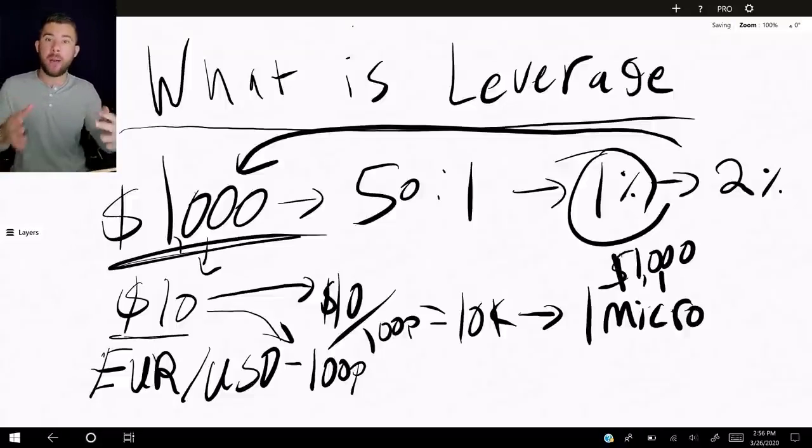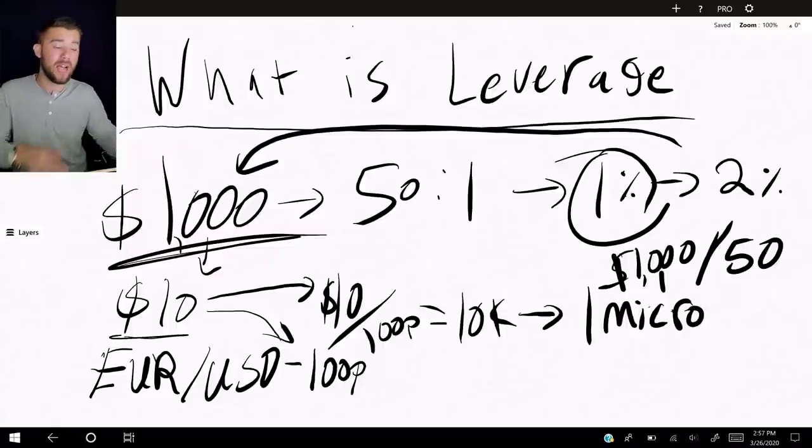So you have this full capital of margin that they are giving you 50-to-1 on. This means you're getting $50 for every $1 you invest into a position. So if I'm investing $1,000 into a position, what do I have to do? I have to divide that $1,000 by my 50-to-1 leverage, which gives me $20.